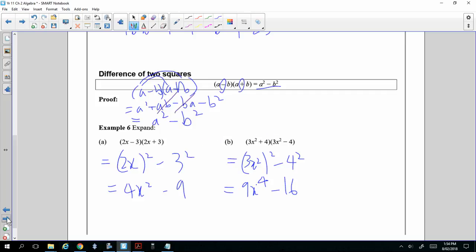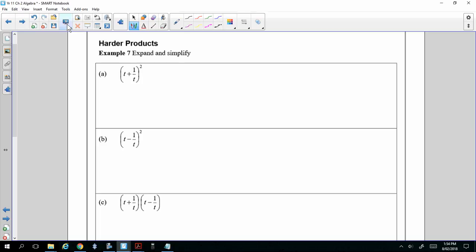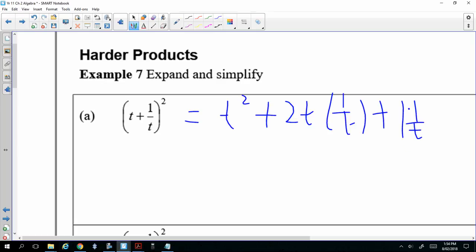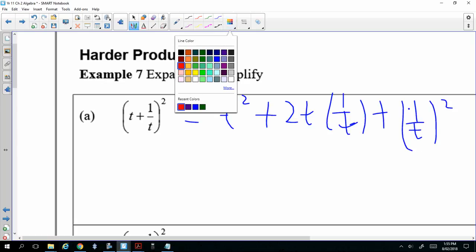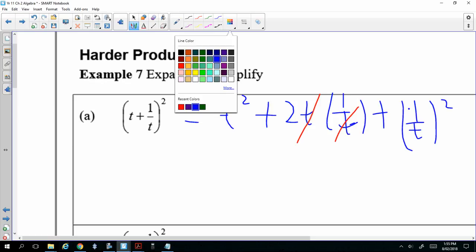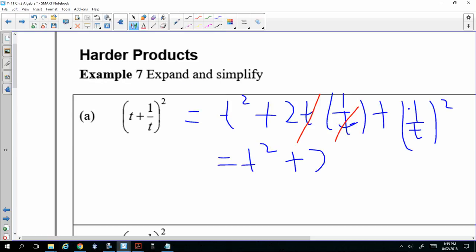Alright, then we'll move on to some harder questions. These are harder ones because they have fractions, but it doesn't matter. You can just go t squared plus 2ab plus b squared. And then you see the cancellation of the t's, which gives you t squared plus 2 plus 1 on t squared. What if it's minus?